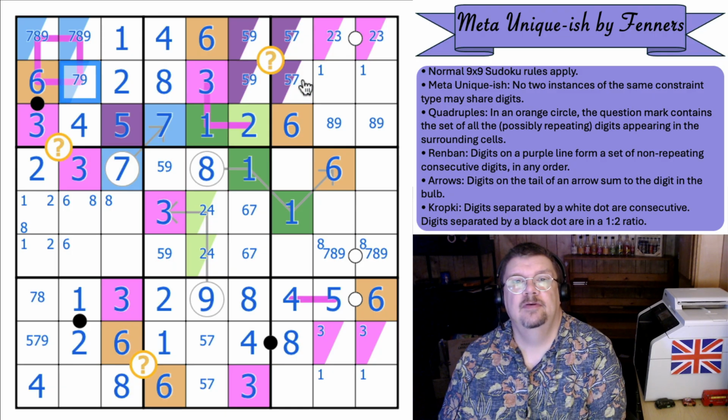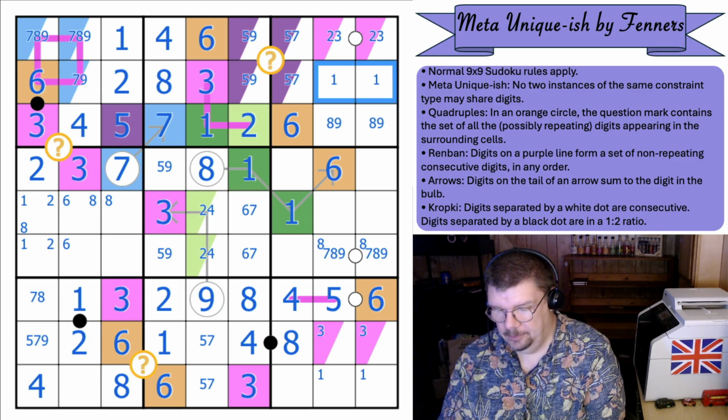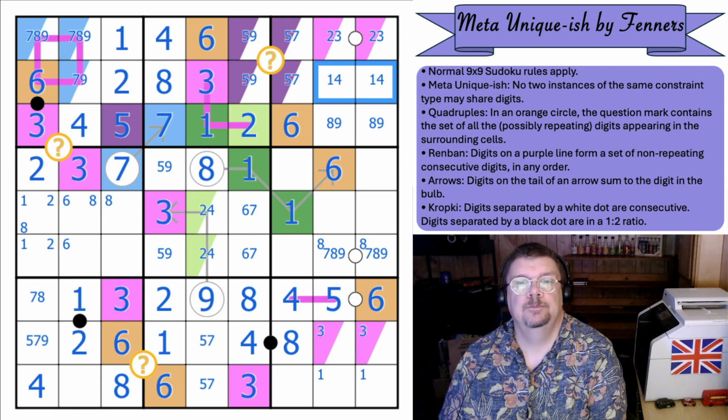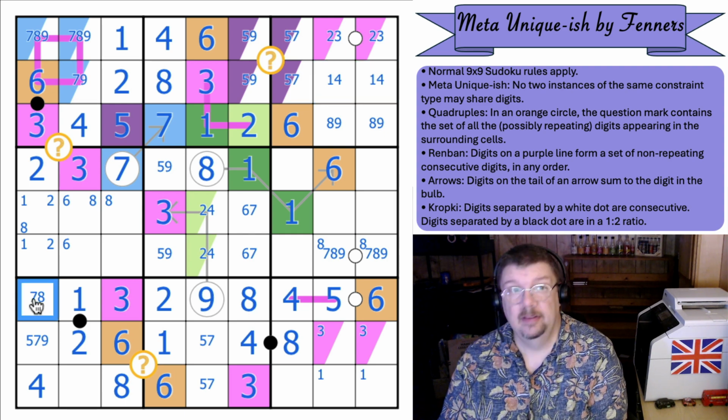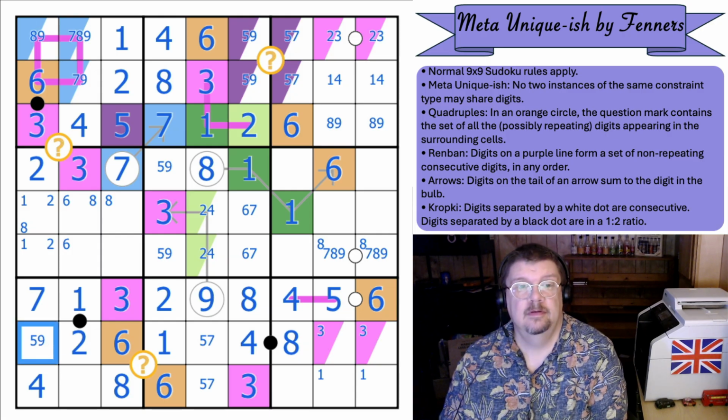That gives me a 5, 7, 9 triple in the row. So that's 1, 4. This 8 looks across, making that 7. That is not 7. That is not 7.